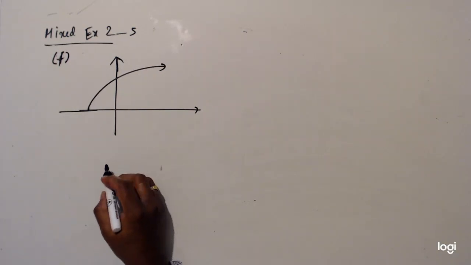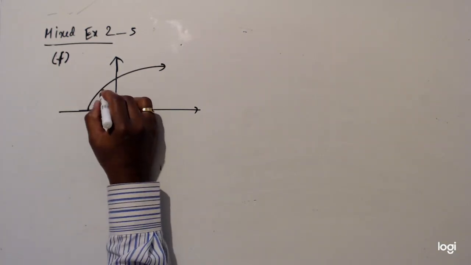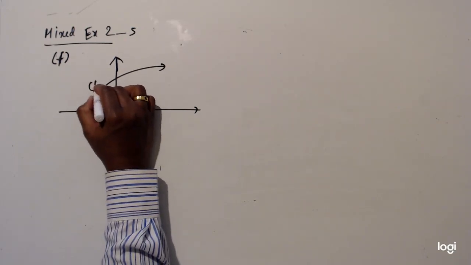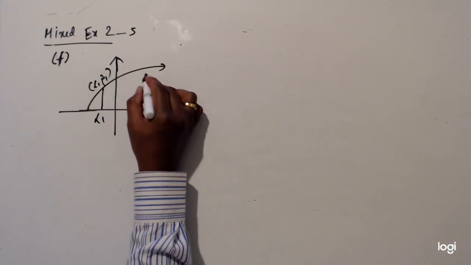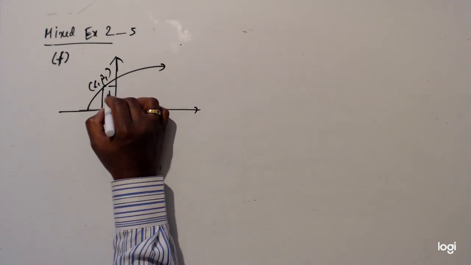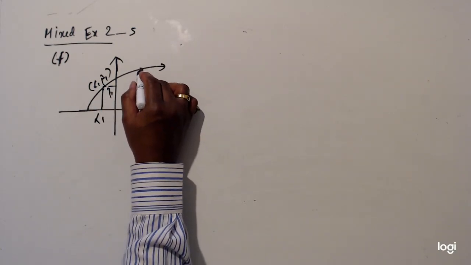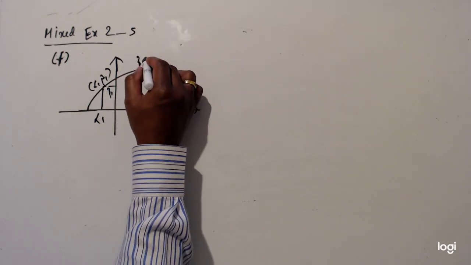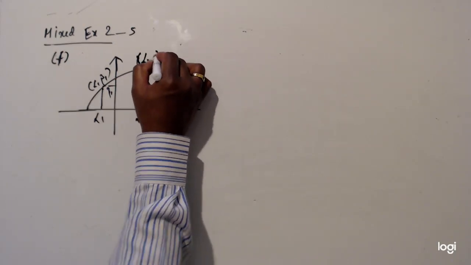Part F. If we take any point alpha 1, we have alpha 1, beta 1. And if we take other point alpha 2, beta 2.